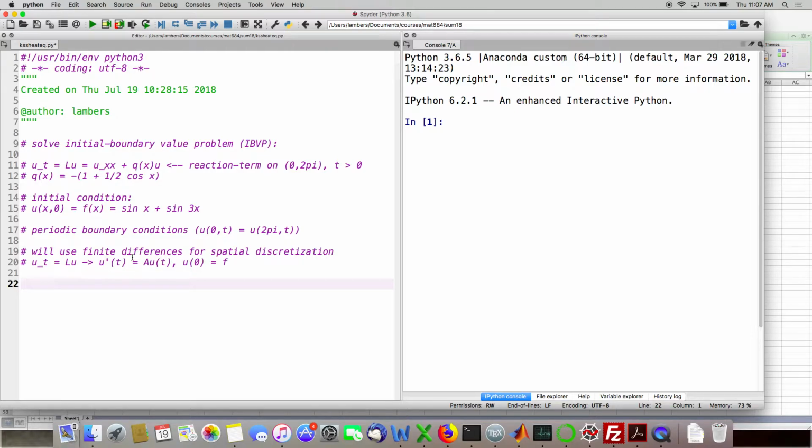For now I'll make up a number of grid points, like 128. So this is the number of grid points, n. And then I need a grid spacing, delta x. That's just going to be the length of my interval over n.